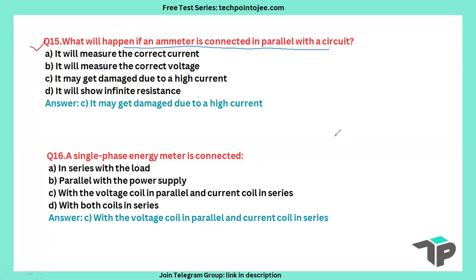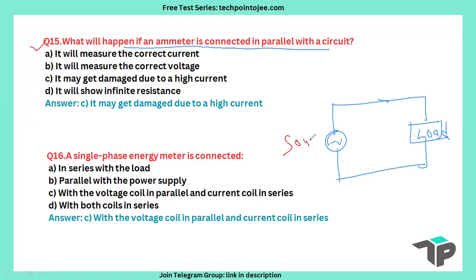Generally in a circuit, there is an AC supply or DC supply, then there is a load. The source supplies electrical energy, such as a battery, while a load consumes power, like a fan, light, AC, or refrigerator. To measure current in the load, the ammeter is connected in series.